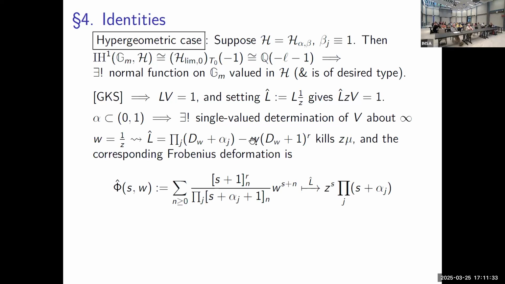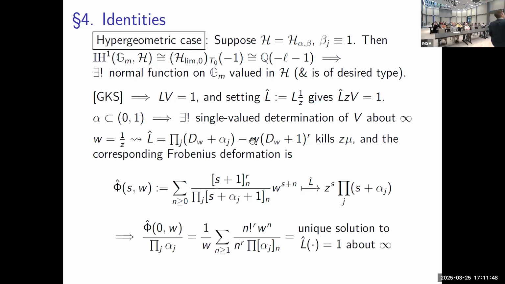There's also a corresponding Frobenius deformation phi hat, which is sent by L hat to Z to the S times polynomial S as before. But now notice the alpha j's are in the denominator instead of the numerator. And now setting S equals 0 kills the Z to the 0, which becomes just 1, and makes the polynomial part a constant product of alpha j's. So dividing by that, I get that phi hat of 0 W is the unique solution of L hat equals 1 about infinity.